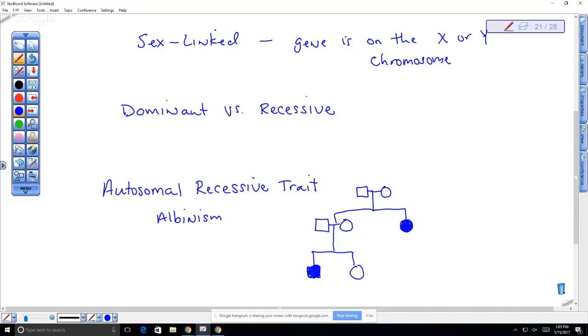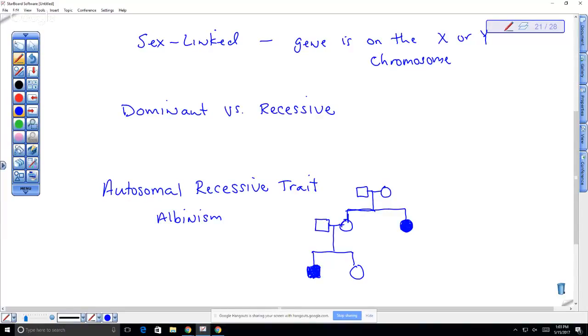Okay, so this is the son of these two individuals, right? Actually, this needs to go to the daughter, sorry. Okay, so this needs to go to this one. Okay, that looks better. Okay, so that's the son of those two individuals.